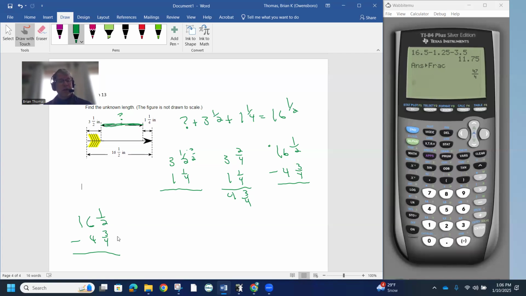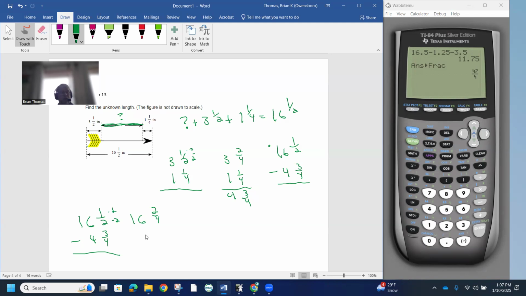Now, when I subtract, doing this math here on paper, it takes on this look. The 1/2 has to turn into 2/4 because you have to have a common denominator. If I multiply this by 2, I've got to multiply this by 2 to keep an equivalent fraction. So that turns into 2/4.